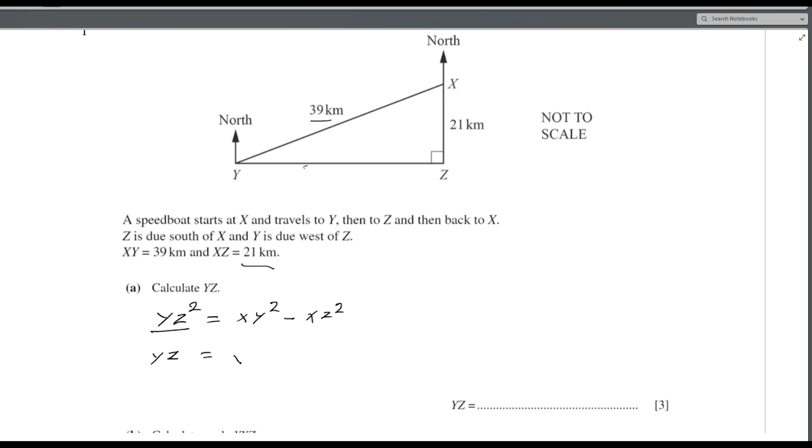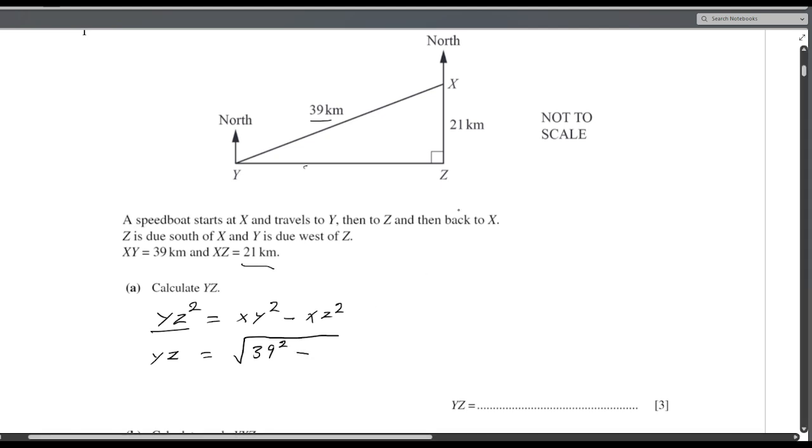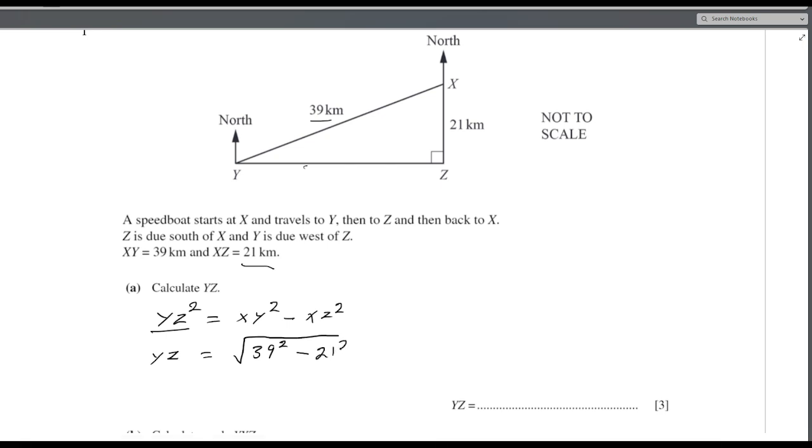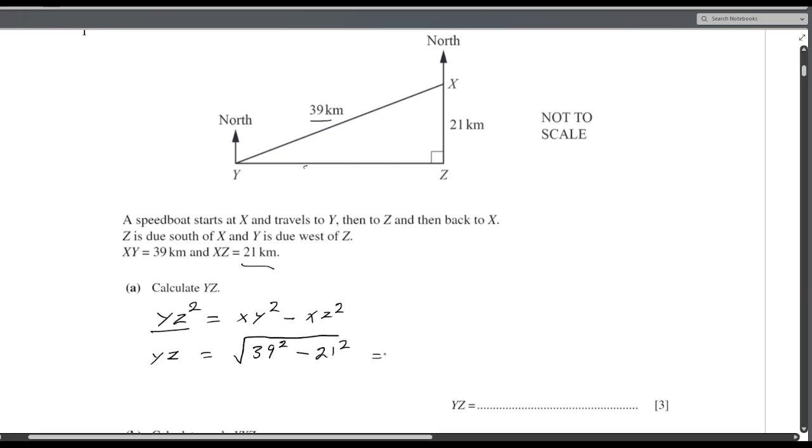Now if I put the values of XY, which is 39, it is 39 squared minus XZ, 21 squared.